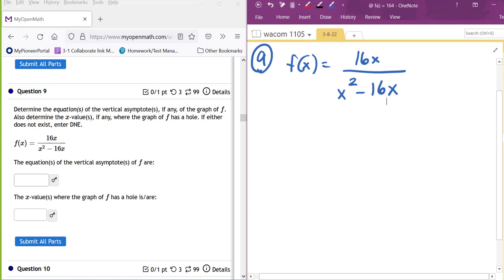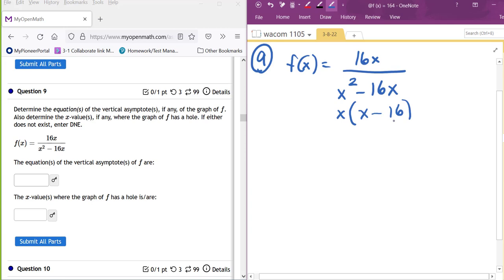Now this one is not a difference of squares because you have x in both of those. So you're going to do GCF here. You're going to take an x out, and that will leave x minus 16. So you have two values here that would be issues, a 0 and a 16 if you're looking at domain. If you're doing vertical asymptotes, if one didn't cancel, you would have two vertical asymptotes.